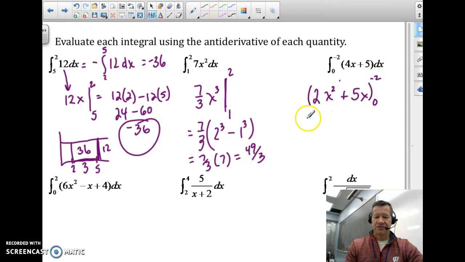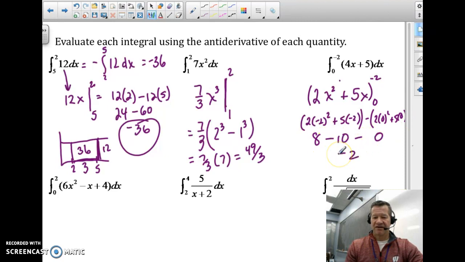So put in negative 2, so I get 2 times negative 2 squared plus 5 times negative 2 minus, now plug in 0, 2 times 0 squared plus 5 times 0. So here we go. Negative 2 squared is 4 times 2 is 8. 5 times negative 2 is a negative 10 minus, this stuff is all 0. So 8 minus 10 is going to be negative 2 will be our value there.